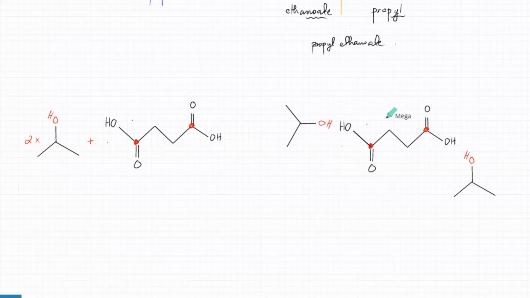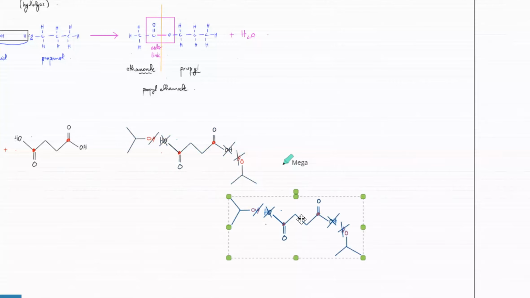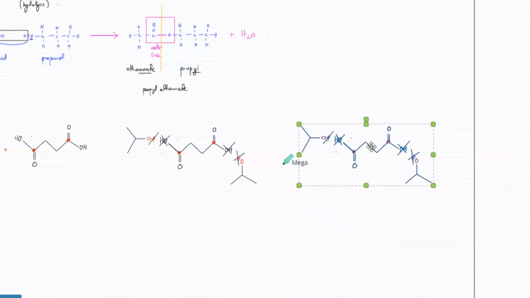What would happen is that the OH will be lost and the H will be lost. Over here, the carboxylic acid would lose its OH and the alcohol would lose its H. So the ester that's going to be formed, you just remove them and you connect them together. So that's what the ester is going to look like.